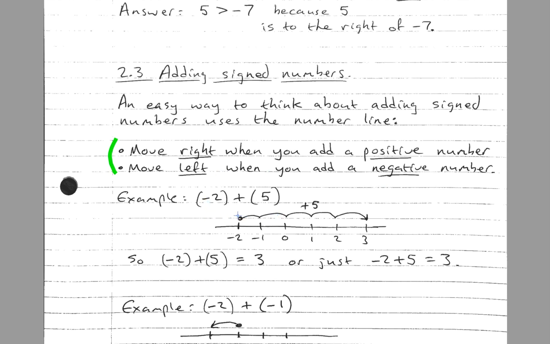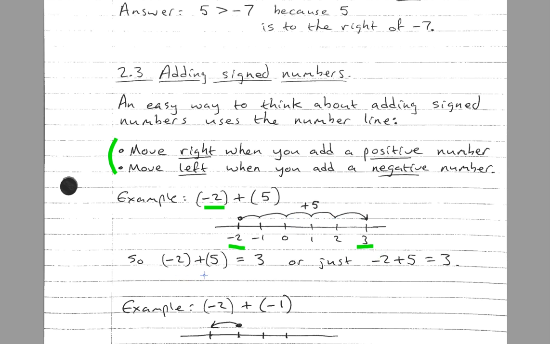An example, let's add these two signed numbers, -2 plus 5. We're starting here on the number line, and then just move 5 units to the right. We end up with 3.